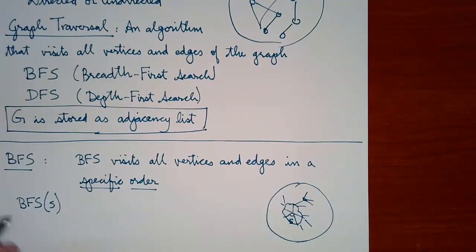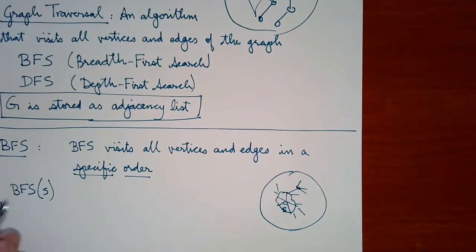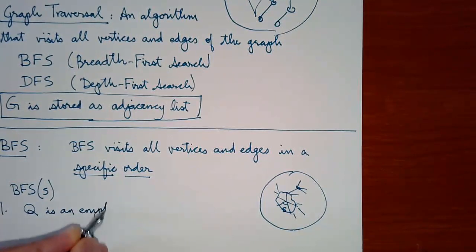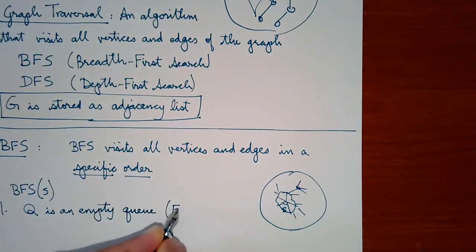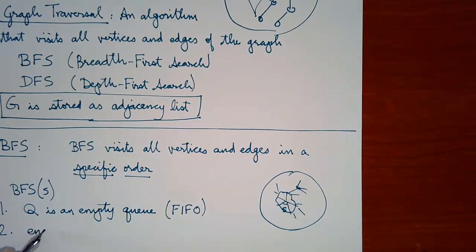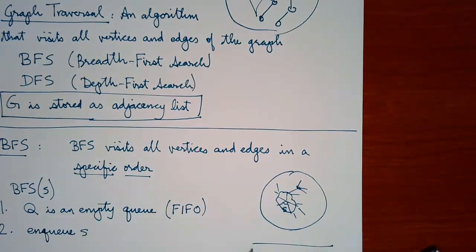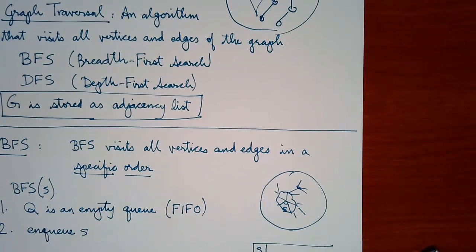And the way it does that is it's going to create a queue. Q is an empty queue. This is a FIFO queue, first in, first out. What you do is you enqueue S. So here's your queue. S is going to end up in the queue.